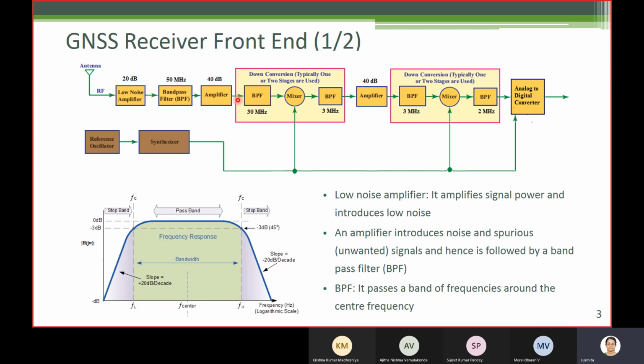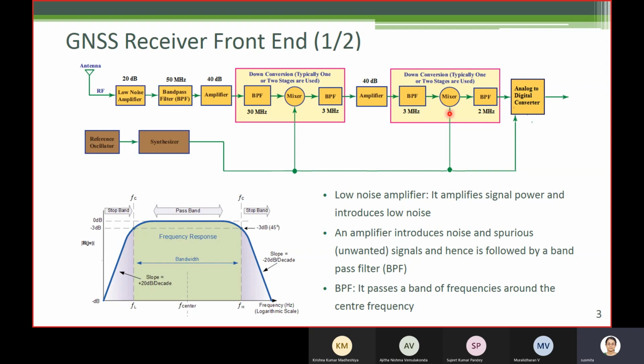Instead of doing it in one stage, modern design can also convert gigahertz to a few megahertz, but generally it is done in two stages. That is what is shown here. So this stage will down convert it, say from 1.5 gigahertz to some tens of megahertz, and then the second stage will down convert it further from some tens of megahertz to a few megahertz. It depends on the design.